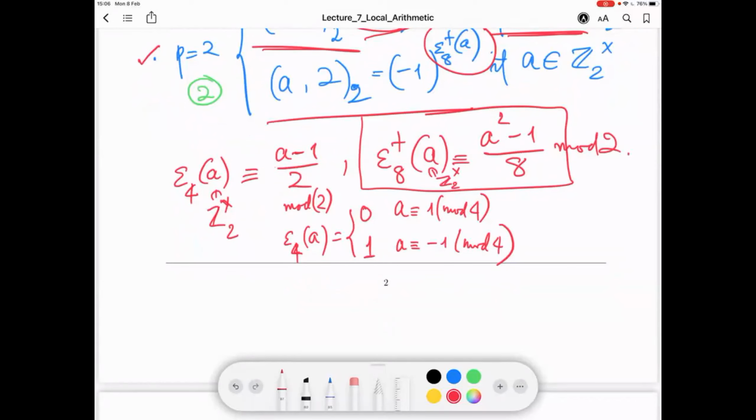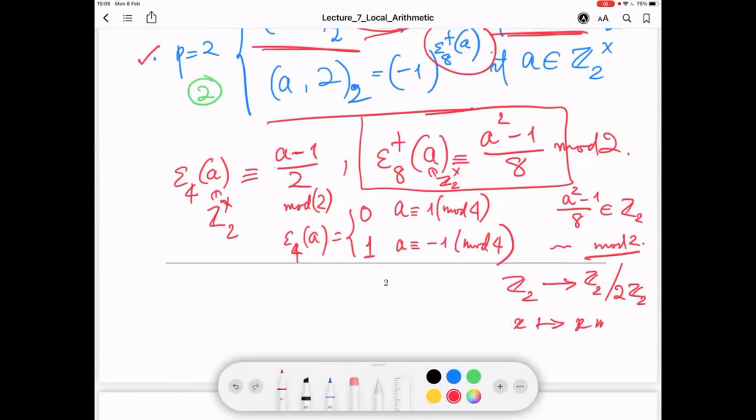So whenever A is in Z_2 star, one can check that (A squared minus 1)/8 is in Z_2, and therefore its value mod 2 makes sense, because from Z_2 you have this map to Z_2 modulo 2 Z_2, X going to X mod 2.